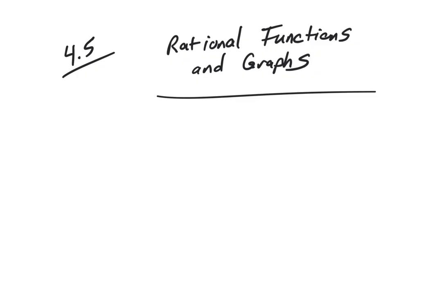But before we get into that, we're going to talk about some of the things that we're going to find. And you might remember a little bit of this from Algebra 2, because we've done some of these things before. But a rational function is where you essentially have a polynomial divided by another polynomial.